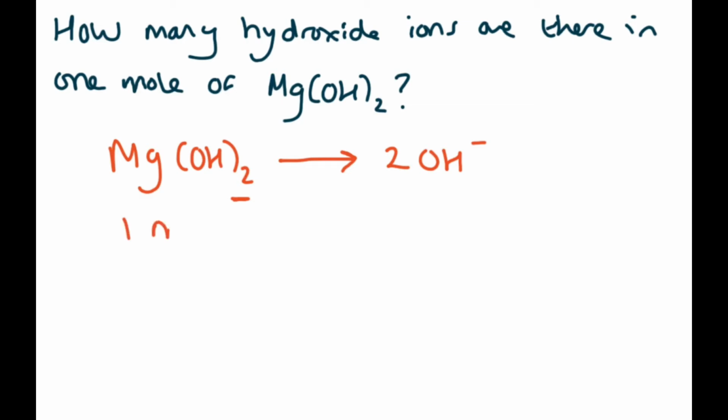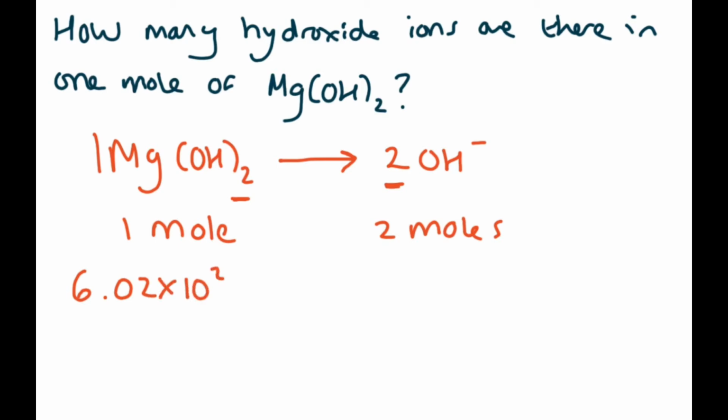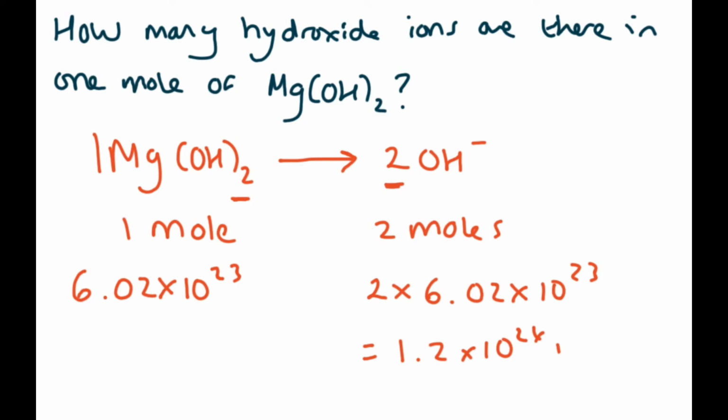So you have 1 mole of magnesium hydroxide, and there are 2 moles of hydroxide ions. 1 mole is 6.02 times 10 to the 23. Therefore, 2 moles is 2 times 6.02 times 10 to the 23. And that equals 1.2 times 10 to the 24 hydroxide ions.